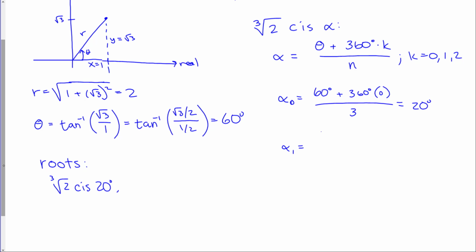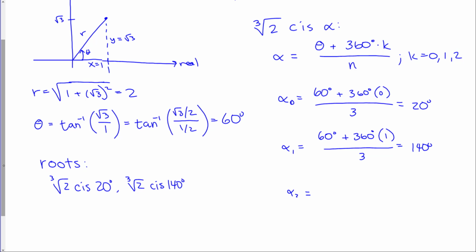When k is equal to 1, it's 60 degrees plus 360 degrees times 1 divided by 3. So 60 plus 360, that's 420, divided by 3, that's 140. That's my next angle measure, so it's going to be the cube root of 2 cis 140 degrees.